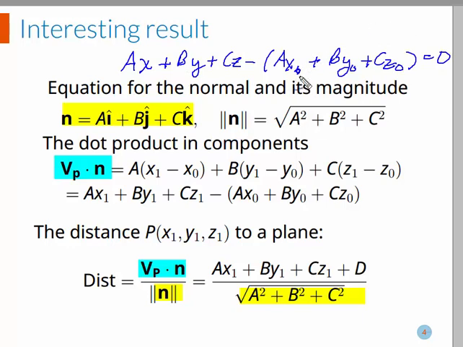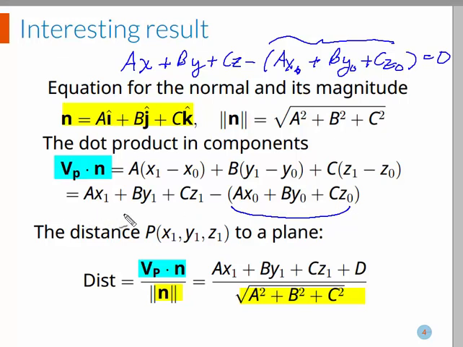The idea is that x naught, y naught, and z naught were in the plane, and any values x, y, z that satisfy this equation correspond to a point that is also in the plane. Because it equals 0, that's a test for it being in the plane. But you notice right here, this term was any point in the plane, any x naught, y naught, z naught in the plane, and of course that's exactly what we have right here.